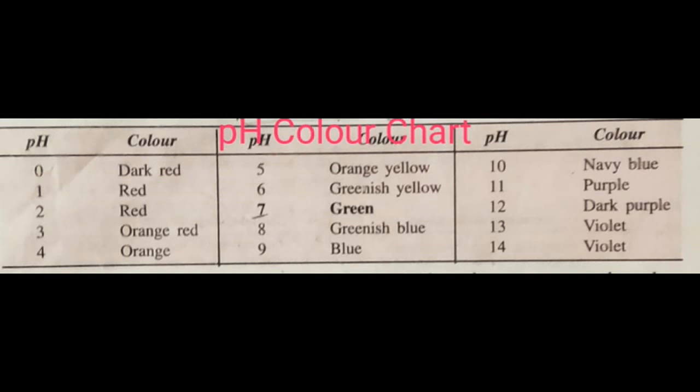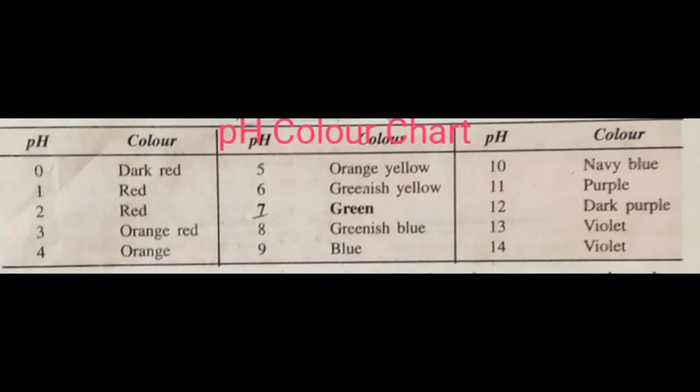If you are provided with two solutions X and Y, both tested with the universal indicator paper, solution X turns orange whereas solution Y turns red. Which of the solutions is a stronger acid? Answer. The solution which turns the indicator paper red is a stronger acid.